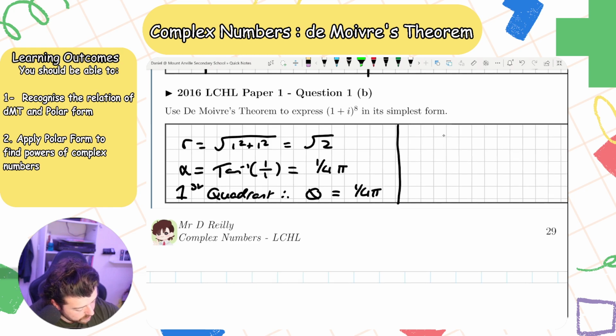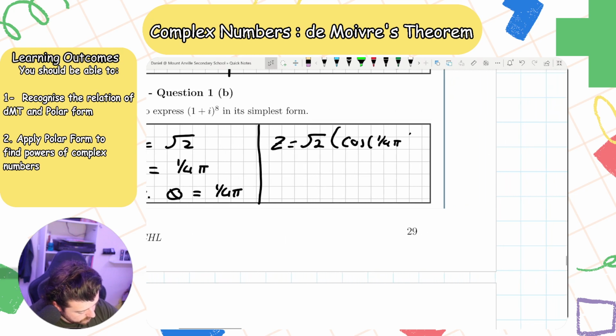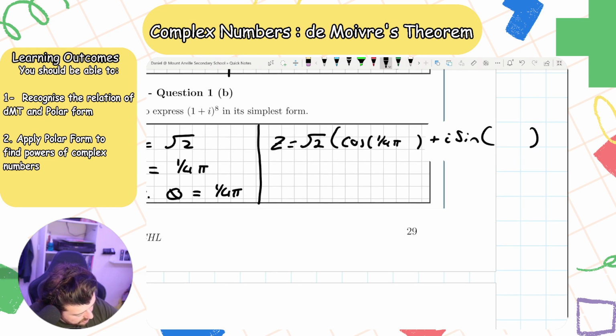So z is equal to root 2 cosine a quarter pi plus i sine a quarter pi. I want to put this to the power of 8, so times this by 8, times this by 8.